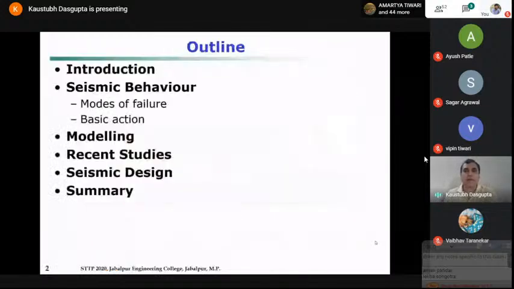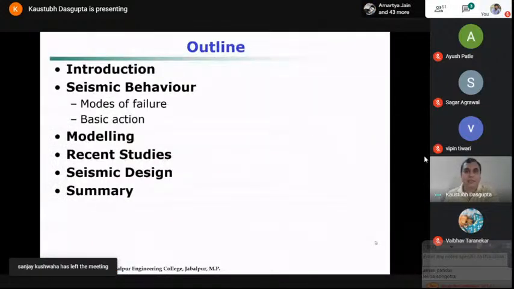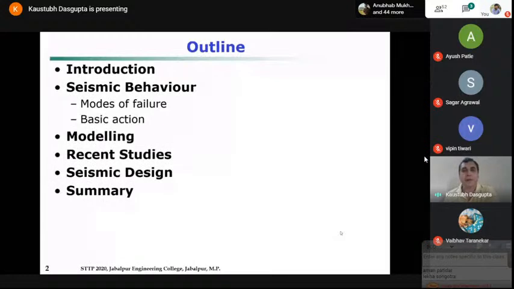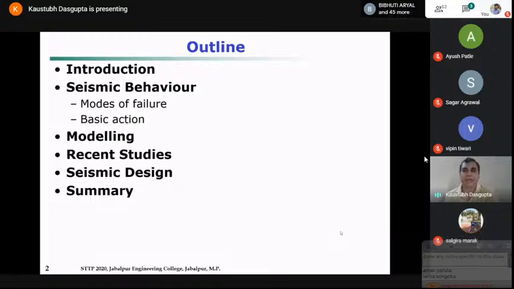This is the outline of today's presentation. We will introduce the topic, then move on to the seismic behavior, and we will see what are the different types of failures observed in past earthquakes, and then try to correlate that with the basic behavior, what we understand from the mechanics point of view.